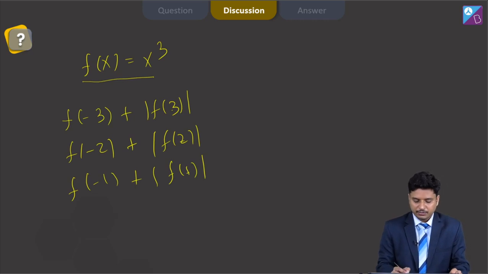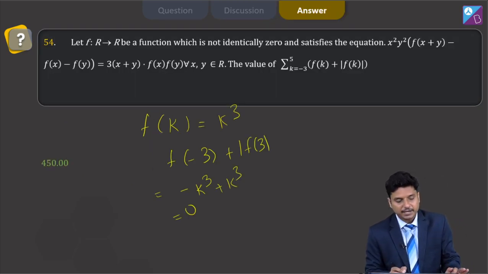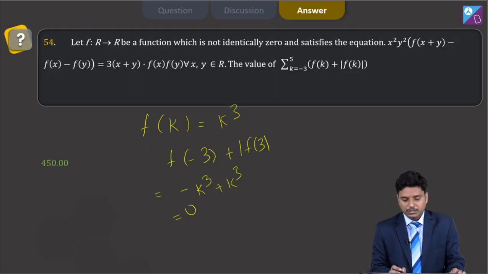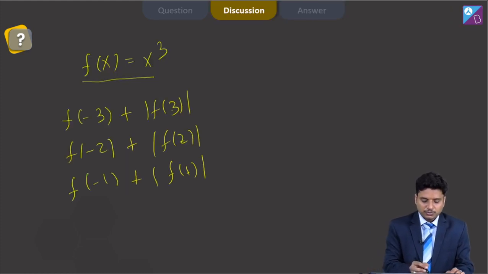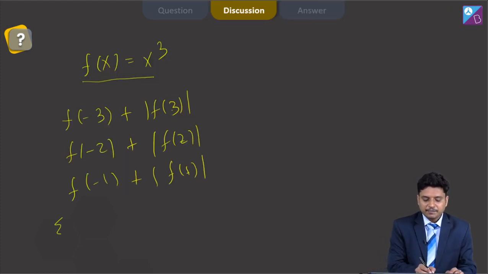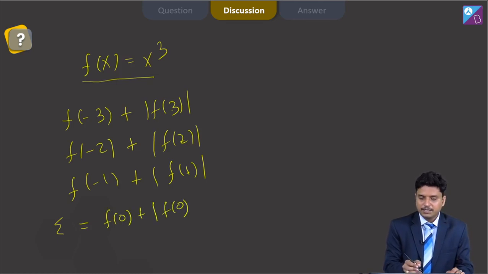All these terms are equal to 0, but in the positive section we will be getting some values, like for 0, 1, 2, 3, 4, 5. So the summation will be equal to, in fact, f0 plus mod of f0 plus f1 plus mod of f1, and so on, that is in fact summation 2k cube from k equal to 1 to 5.